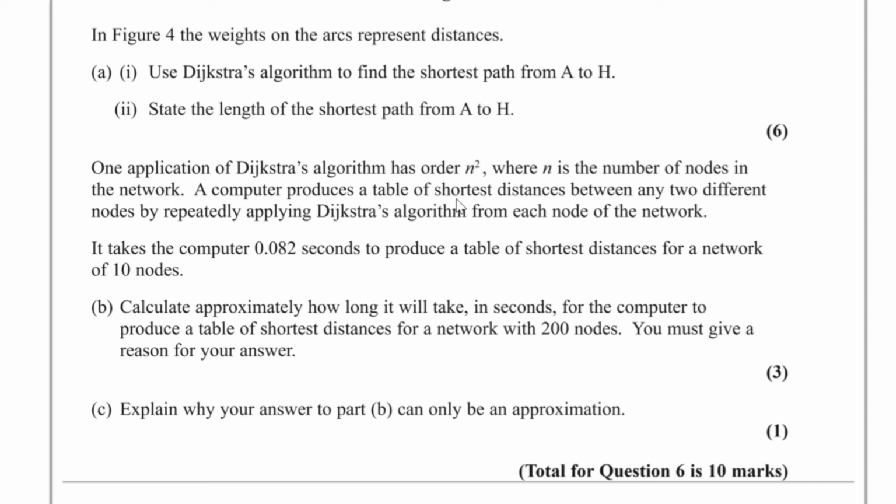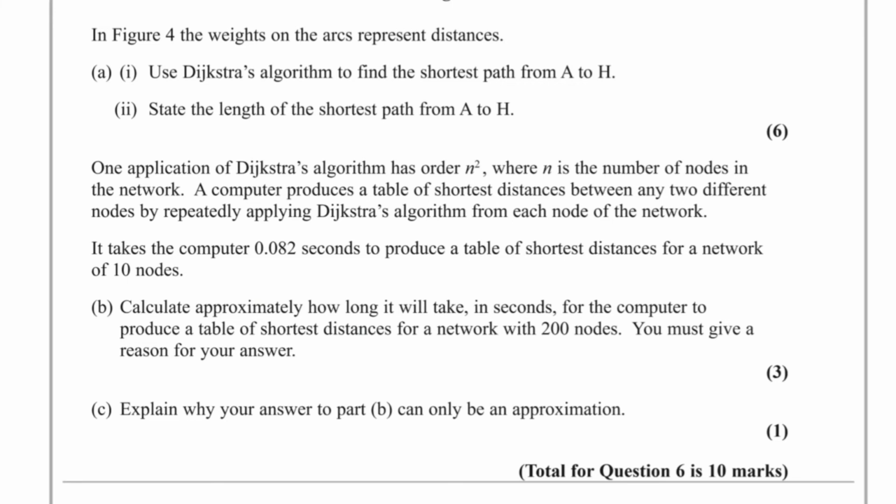A computer produces a table of shortest distances between any two different nodes by repeatedly applying Dijkstra's algorithm from each node of the network. It takes the computer 0.082 seconds to produce a table of shortest distances for a network of 10 nodes. We have to calculate approximately how long it will take in seconds for the computer to produce a table of shortest distances for a network with 200 nodes. You must give a reason for your answer.